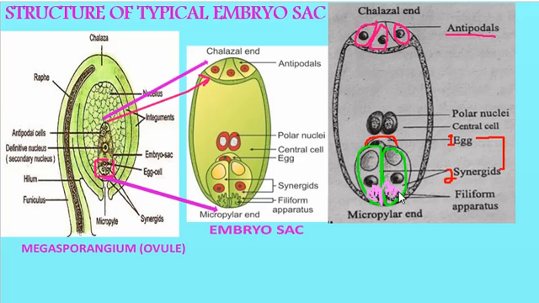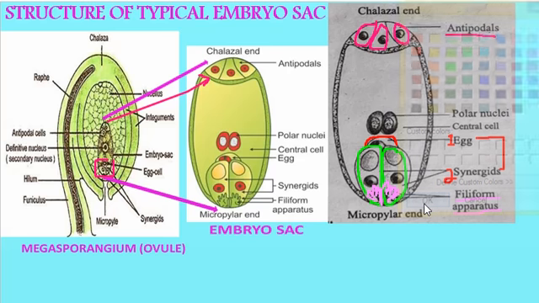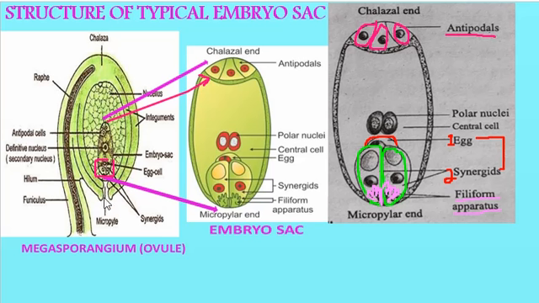These are known as filiform apparatus. What is the function of the filiform apparatus? When the pollen tube enters into the embryo sac at this region, it guides the entry of pollen tube into the synergids.